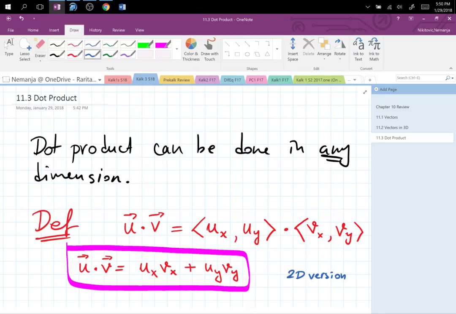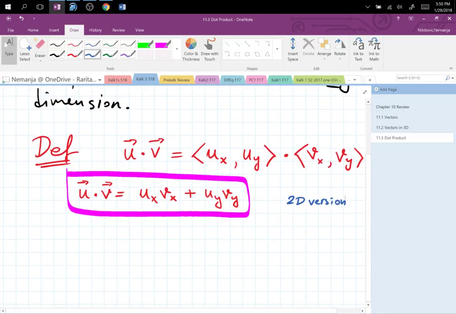I just want to grab some examples real quick. So the 3D version of the formula: u dot v is going to be ux vx plus uy vy plus uz vz.